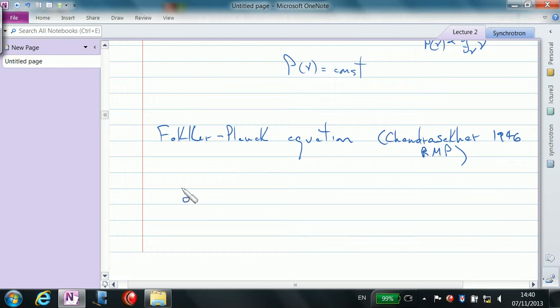But it basically describes the evolution of anything, dn/dt, and it's equal to, let's say it's a function of energy. It could be a function of x. Like the diffusion equation is an example of a Fokker-Planck equation. But the Fokker-Planck equation includes systematic acceleration too. So it's d/dE of n dE/dt.